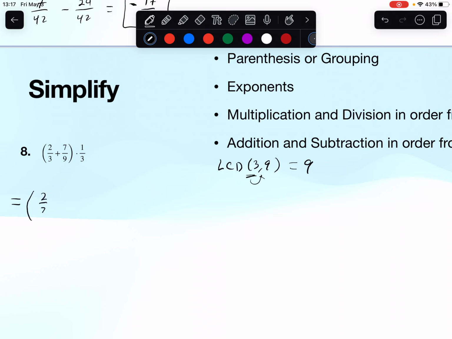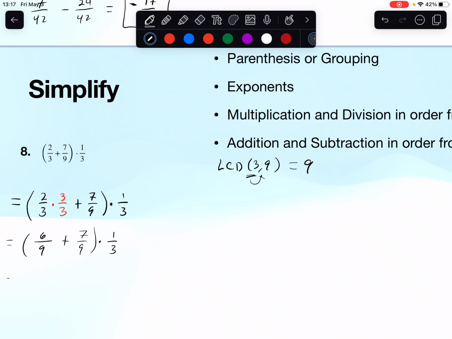Okay, so we're going to have the 2/3, and we're going to multiply that by 3/3 plus 7/9, and then multiply that by 1/3. Multiply a fraction straight across, so 2 times 3 is 6, 3 times 3 is 9, plus 7/9, and then that quantity times 1/3.